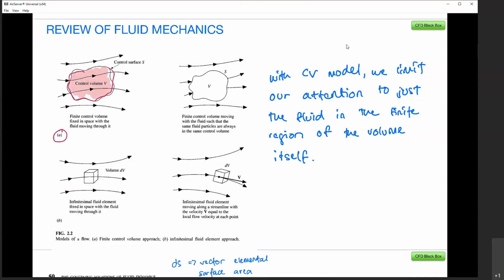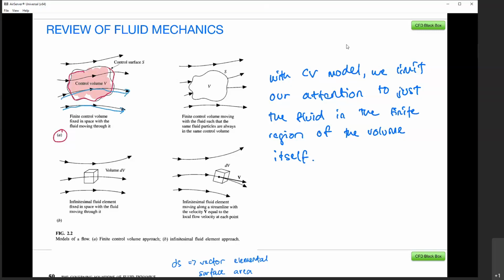So now the element is assumed as a finite control volume that is fixed in space, meaning that it is not moving. The only thing that is moving is the fluid around it. So that's the first assumption.